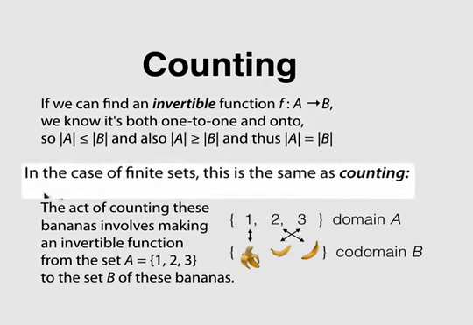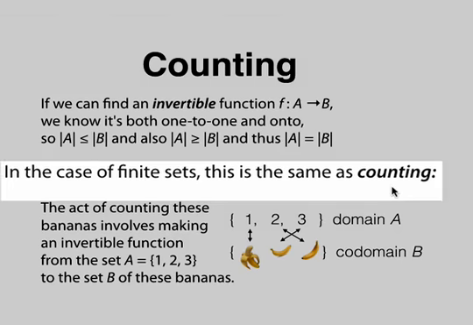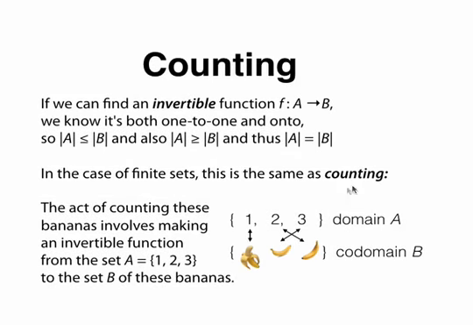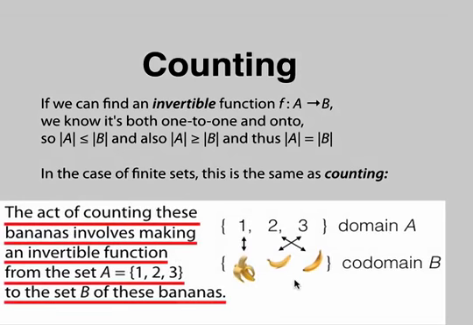So if we have a finite set, this is the same exact thing as actually counting the elements. What does that mean? Well, the act of counting these bananas over here involves making an invertible function from the set 1, 2, 3 to the set of these bananas. So we say, this is the first banana. That's the second banana over here on the right. That's the third banana.